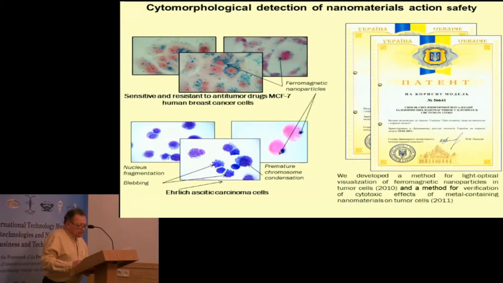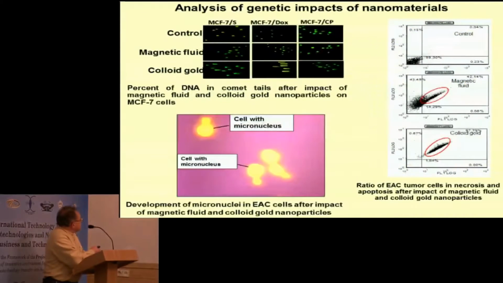Firstly, we use the methods that allow us to estimate the genetic impact of nanoparticles, of magnetic fluid and colloidal gold, how they impact the cell and the genetic effect. We use the DNA comet method. It establishes the percentage of DNA in the comet tail.